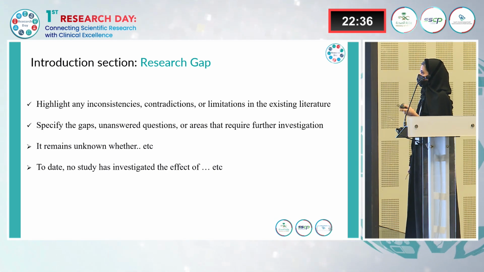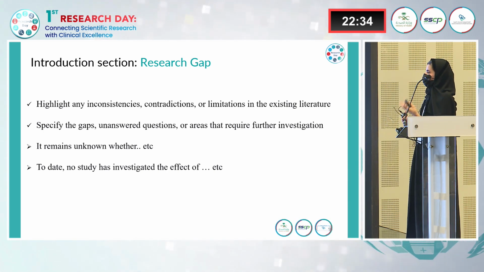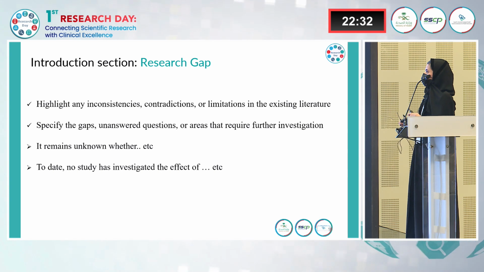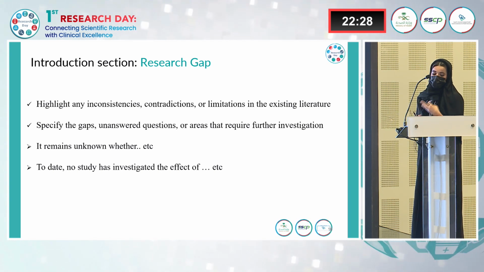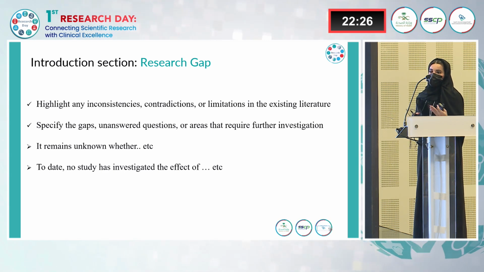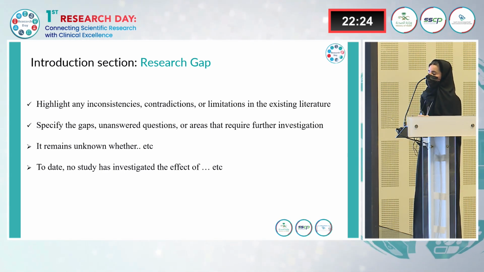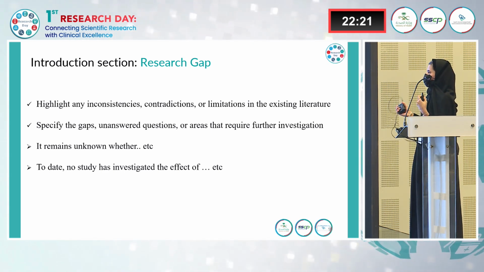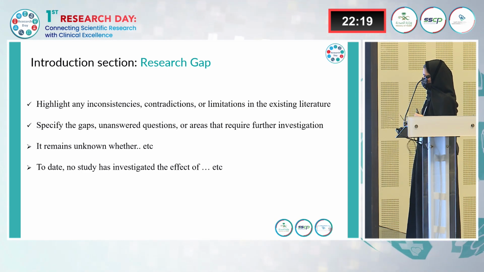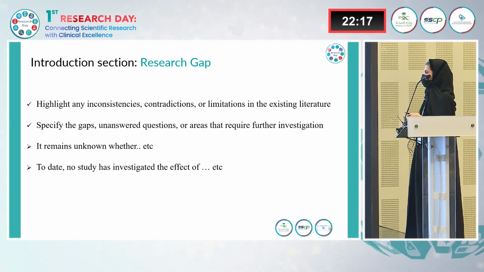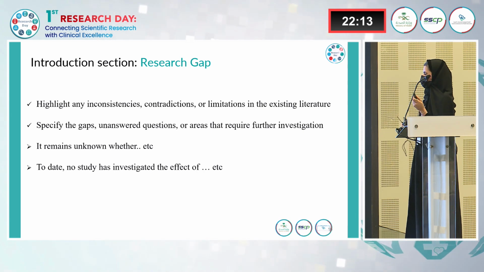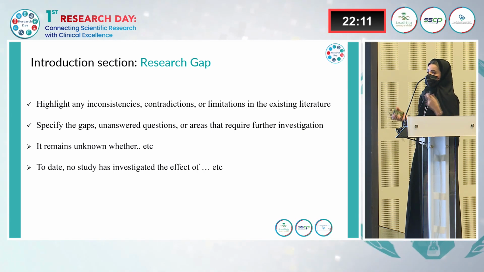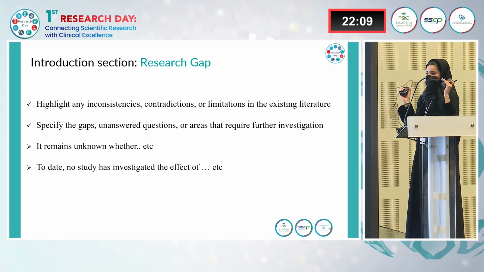It should highlight any inconsistencies or limitations in the existing literature, and specify unanswered questions. Usually it's like, it remains unknown whether, for example, tocilizumab is safe in renal failure patients, or to date, no studies have investigated the effect of this medication in a specific population.